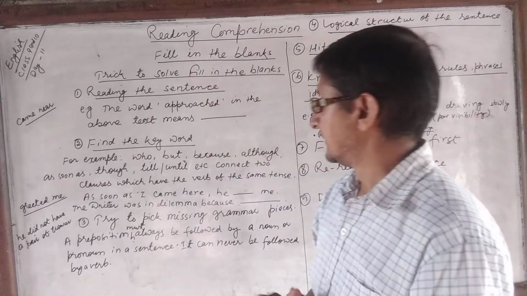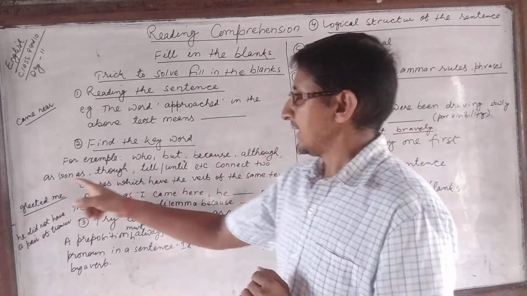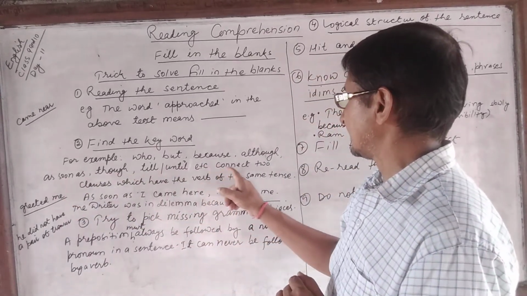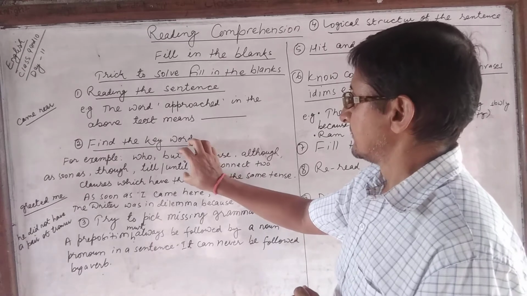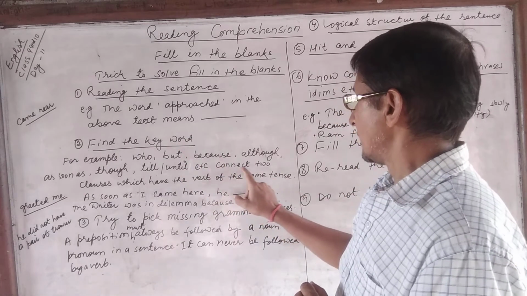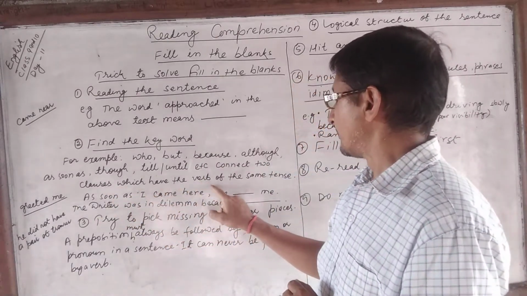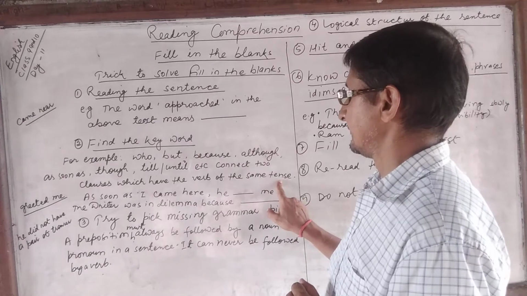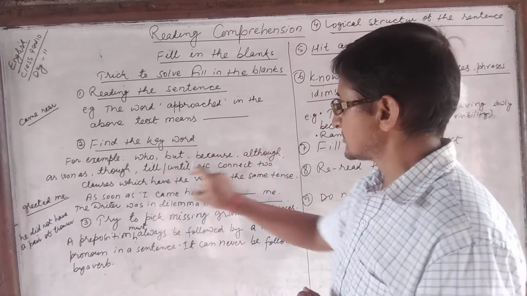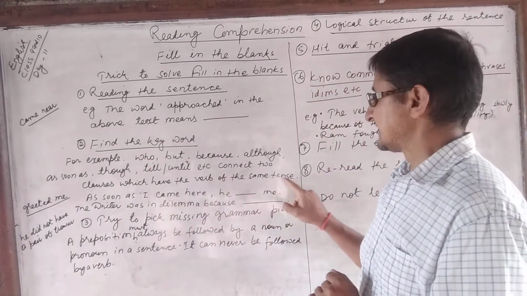For example, who, but, because, although, as soon as, though, till, until, etc. These keywords in the sentence connect two clauses which have verbs of the same tense.